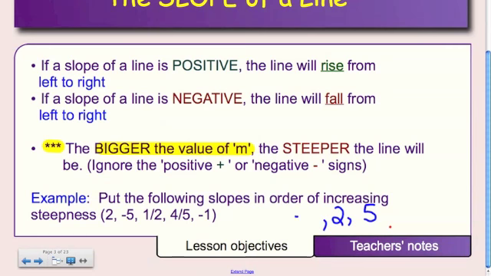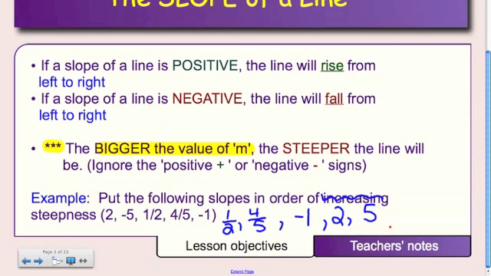And then I would have -1, and then my fractions. Which would be bigger, 1/2 or 4/5? Yep, 4/5 would be the biggest, and 1/2 would be the smallest. So this was in order of steepness, if we forget increasing, we would have the most steep line over here, and the most flat line would be my half slope, okay?